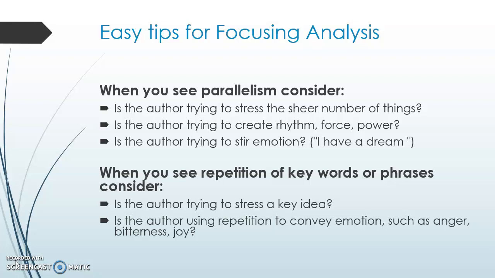So I have a dream, and we see that phrase repeated over and over again with repetition, and we see that the sentences are constructed the same. We're going to talk about that later. And again, remember, if you have any questions at any time you're taking these notes, go ahead and write down your questions so that when you come to class, we can talk about it.